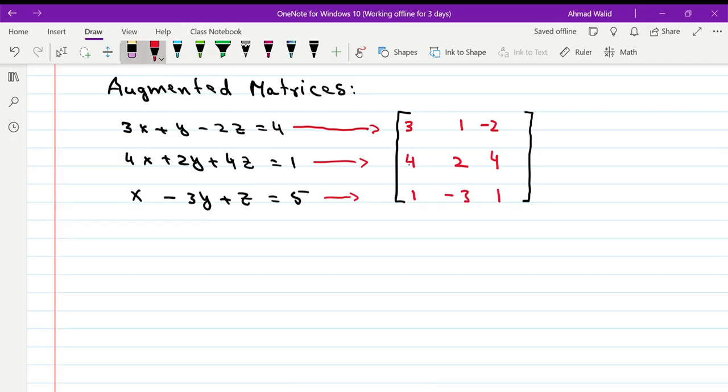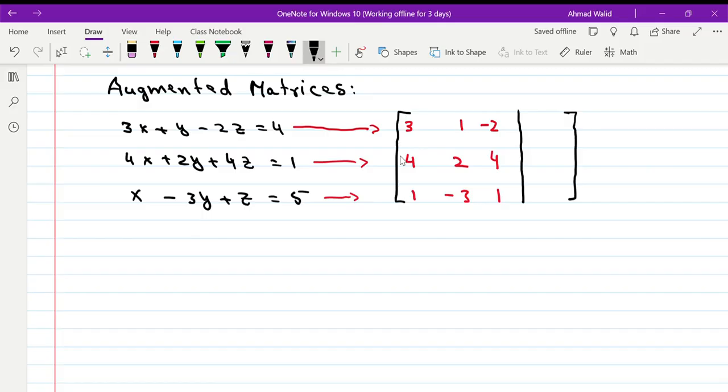Now, let me make a little bit more space here. How to write the constants? What we do, we draw a vertical line between the coefficients of the variables and the constant term.